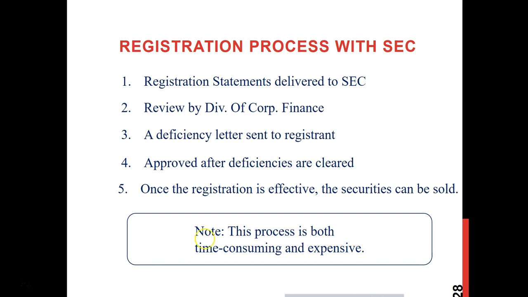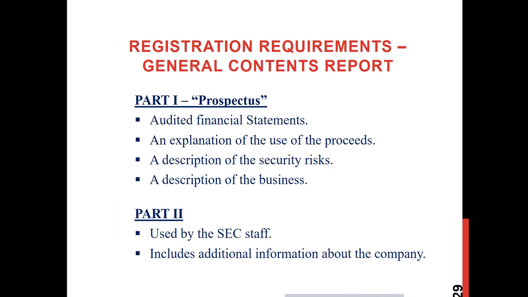Once the company goes through this registration process and prepares the registration statement, they need to ensure two parts. Part one is also known as the prospectus, and all companies that want to go public, or are going for first time registration, will prepare this prospectus, which contains extensive information about the company.